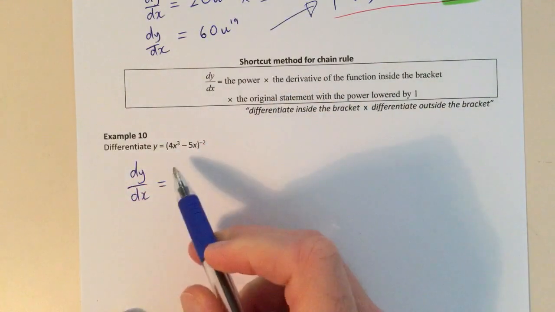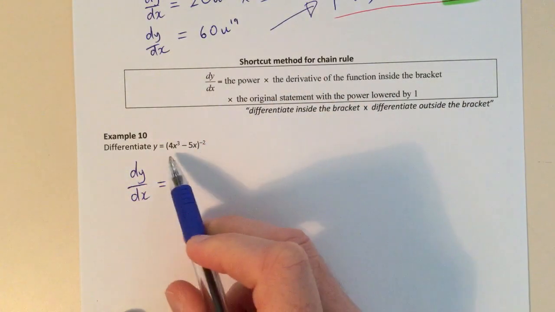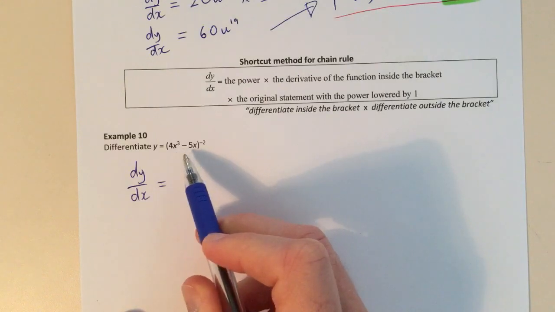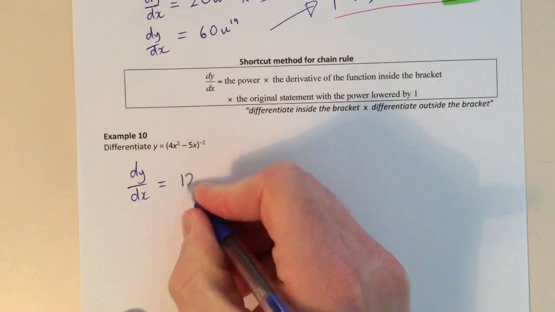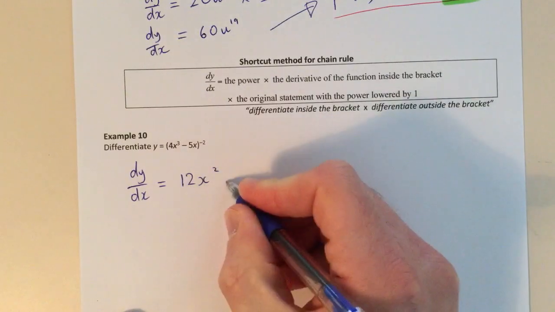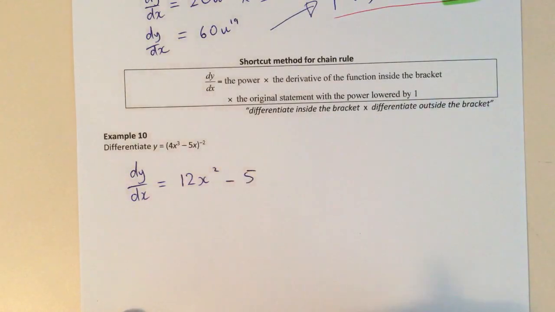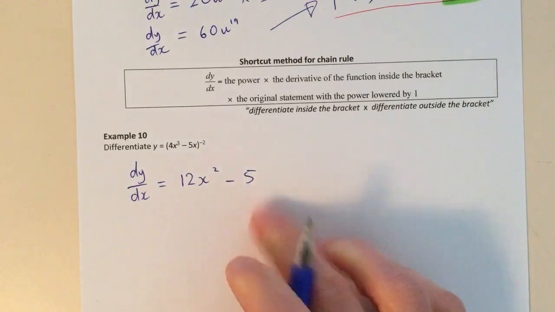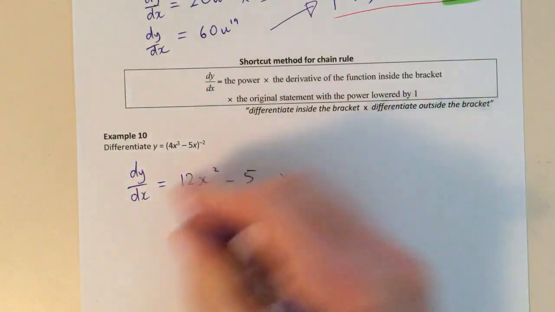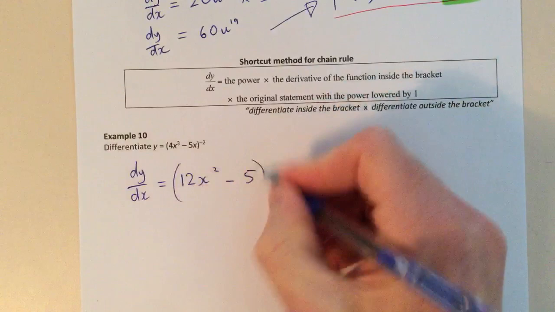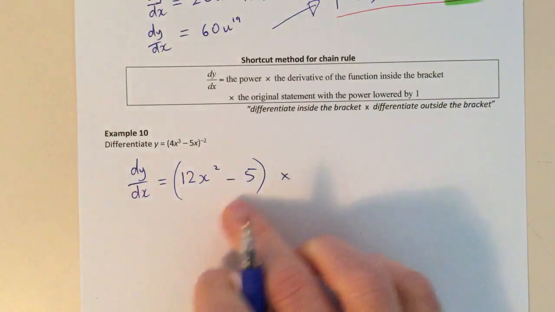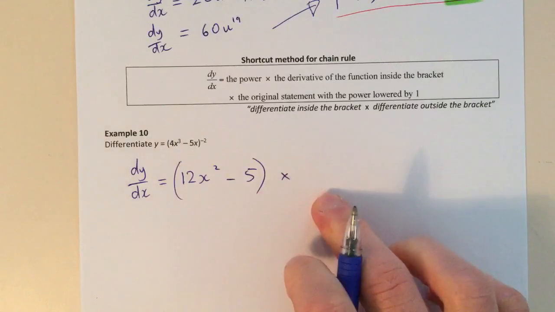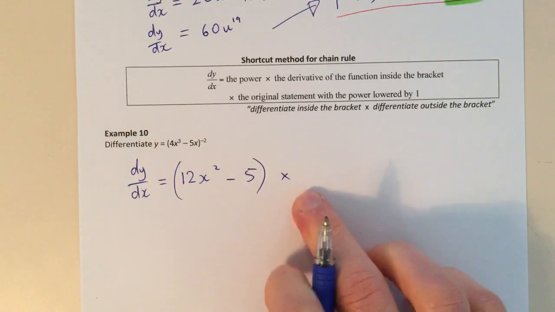Now, the derivative of the inside of the bracket is just the derivative of 4x cubed minus 5x, and that would be, if we do that term by term, 12x squared minus 5, okay, times, and because we're multiplying this by something, I'm going to put a bracket around it, times the derivative, or times differentiating outside of the bracket.